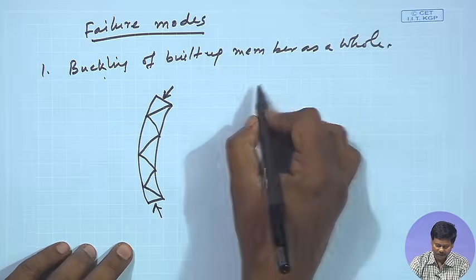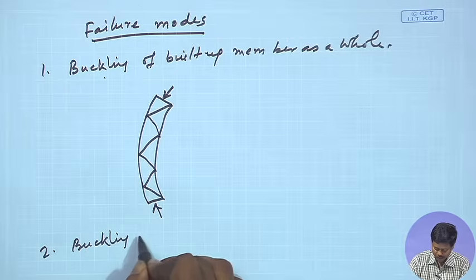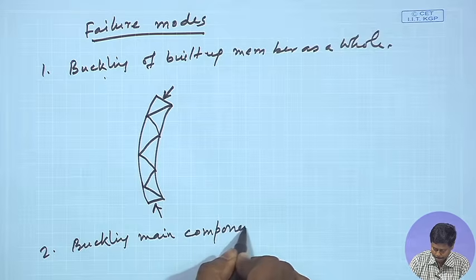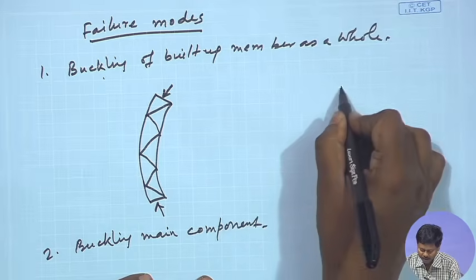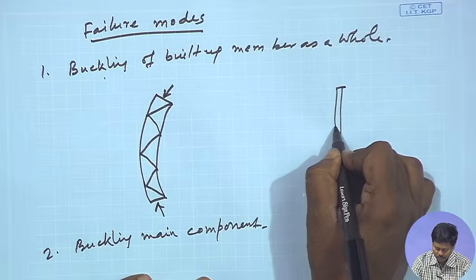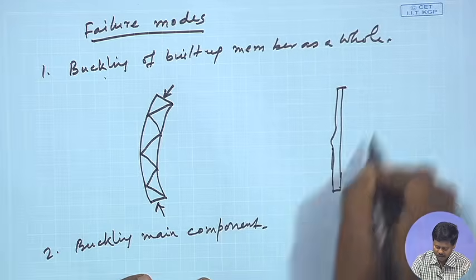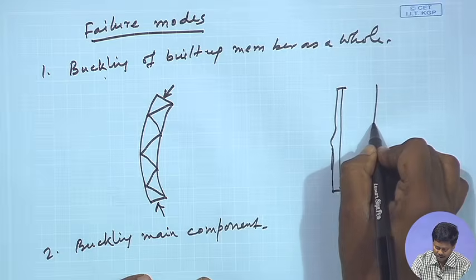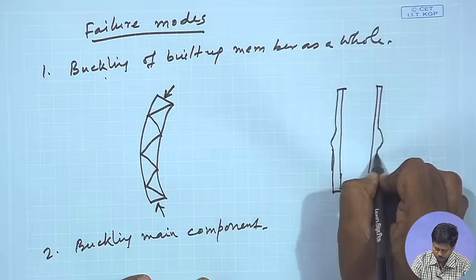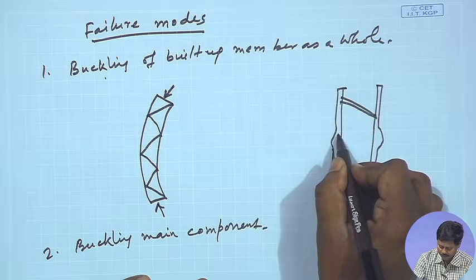Another way it may fail is buckling of the main component. Buckling of the main component means, maybe we are providing a compression member here, and a compression member here, and we are providing a certain lacing system.